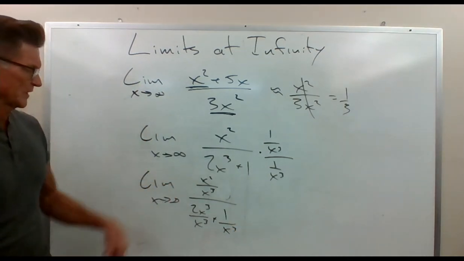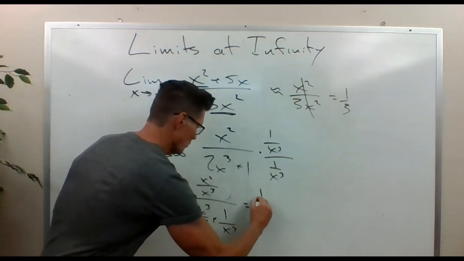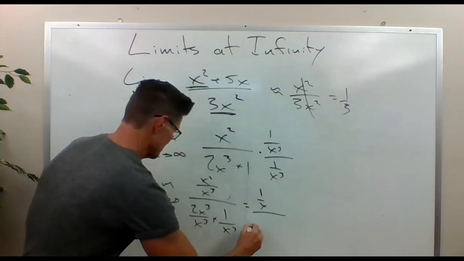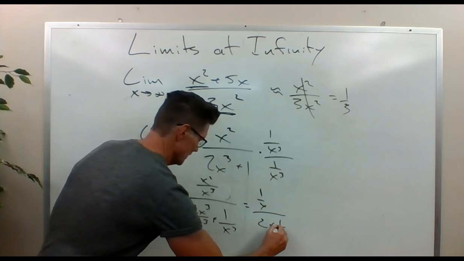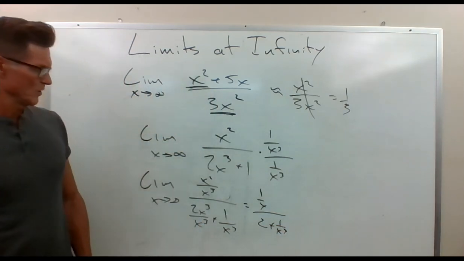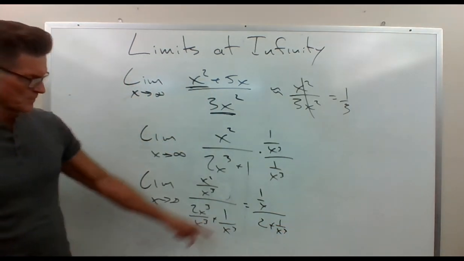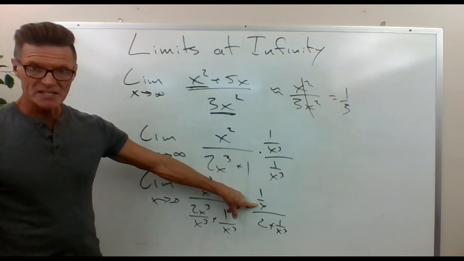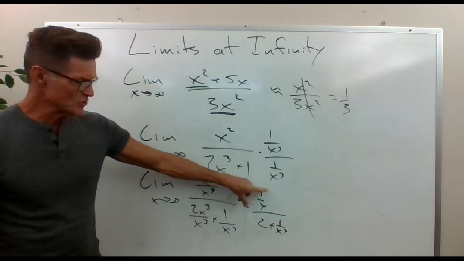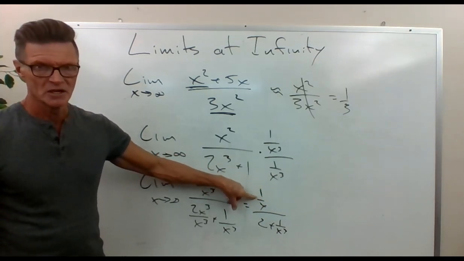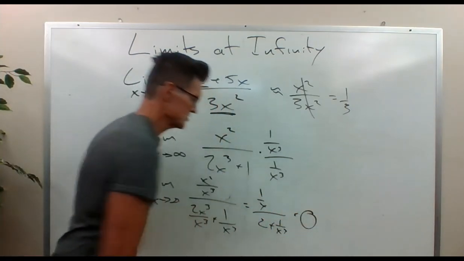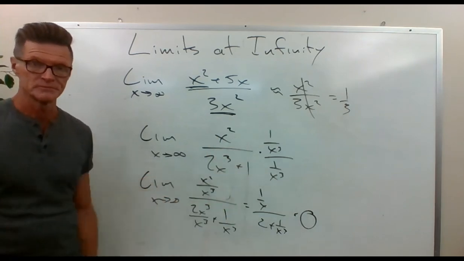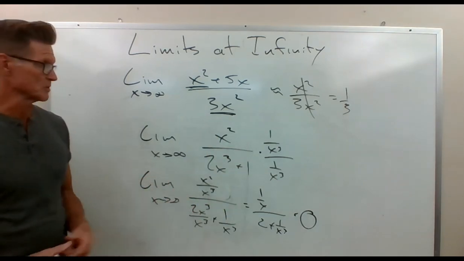Well, simplifying this, this is just 1 over x, and this is 2 plus 1 over x cubed. Now as x approaches infinity, this x is getting infinitely large, which means this whole thing is approaching 0. Well, the numerator of a fraction is approaching 0, it's going to be 0. Boom. And that's what we already determined the limit to be.